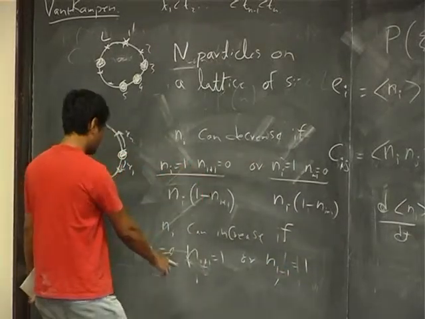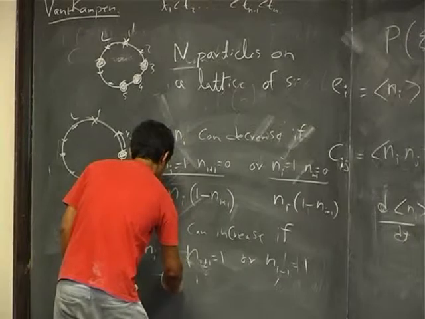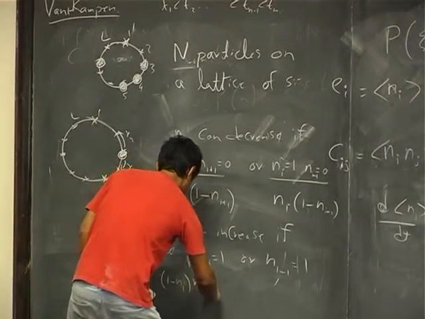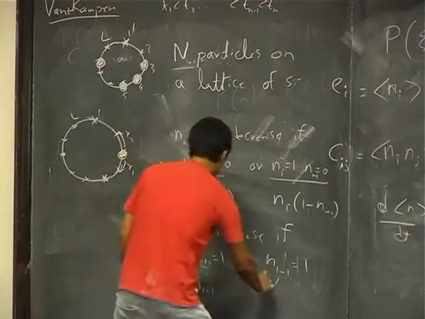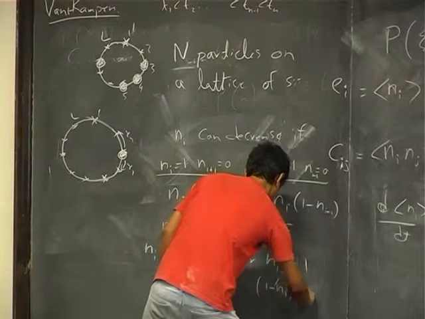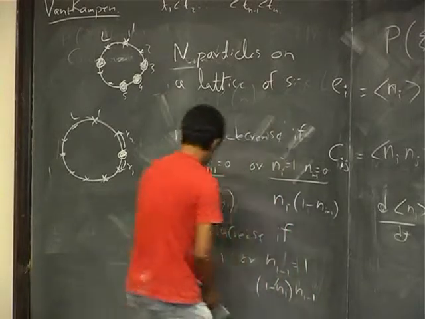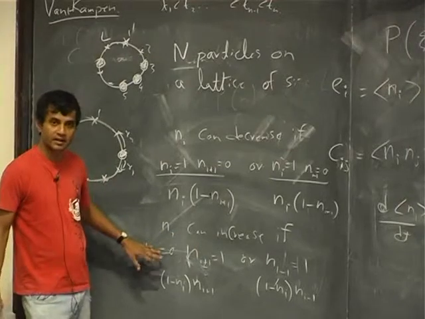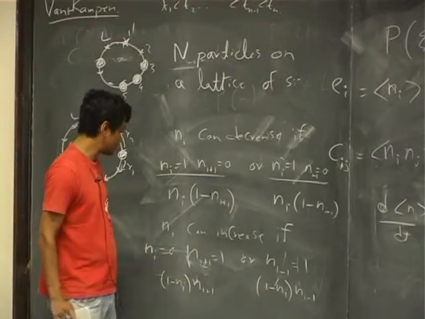And this corresponds to (1 − N_i) and N_{i+1}, and this corresponds to (1 − N_i) and N_{i−1}. See, this product is non-zero only if this is satisfied. Right? That's the only case when it's non-zero.